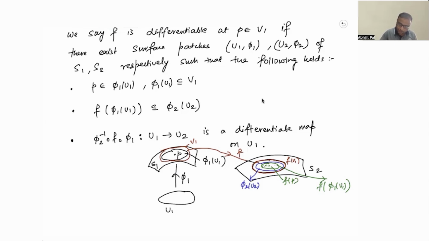All right, so this is my u2, which is sitting inside this R2, and now I have a map from u2 to this thing.